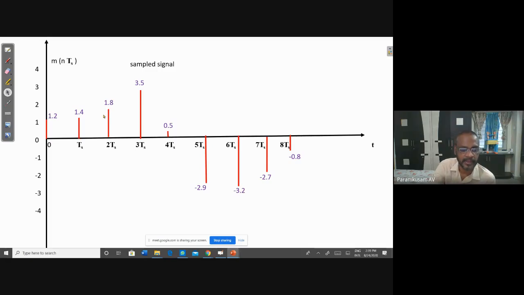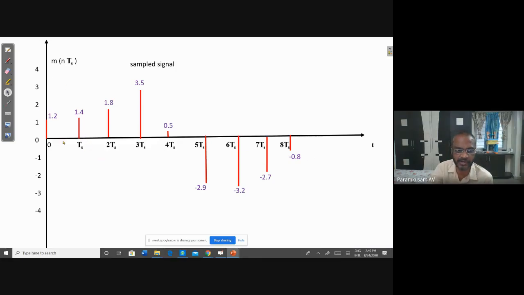In order to make the amplitude discrete: analog signal means continuous amplitude and continuous time, these are words you should note down. The analog signal is a continuous amplitude and continuous time signal. So the sampling process converts that continuous amplitude, continuous time signal into a continuous amplitude and discrete time signal.